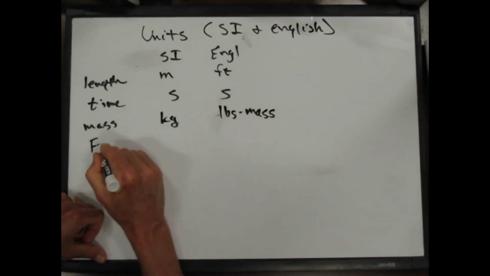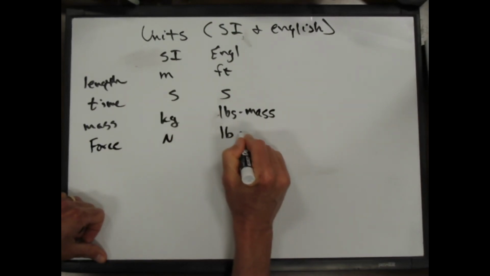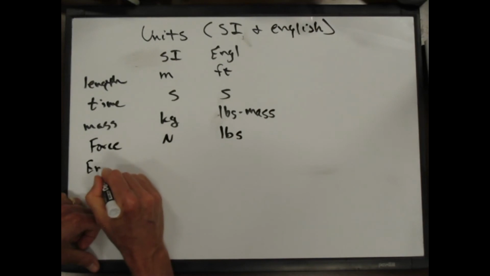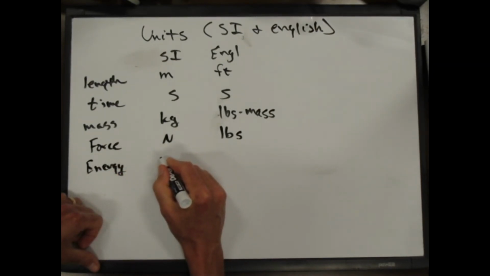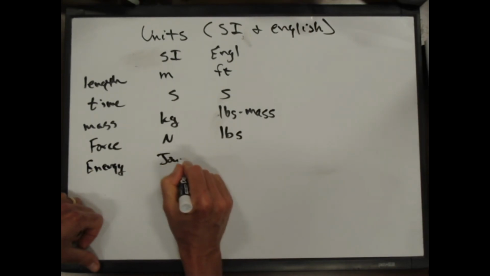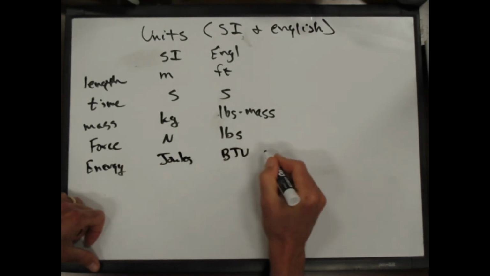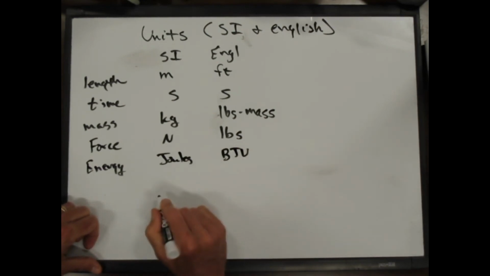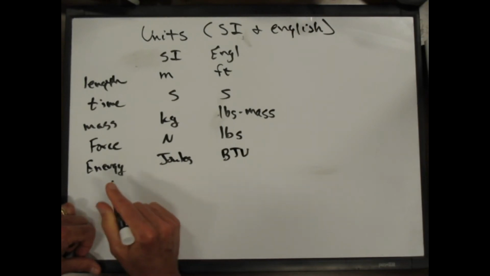But there's also things like force. Here we use newtons, here we use pounds. Energy, we might use joules here. And this could be BTUs or foot-pounds or something like that. That stands for British thermal units. We'll mostly be looking at these.